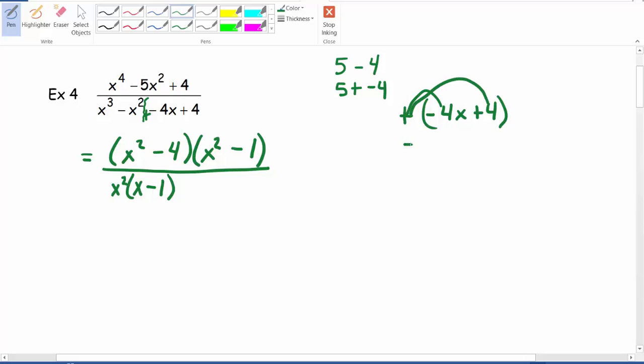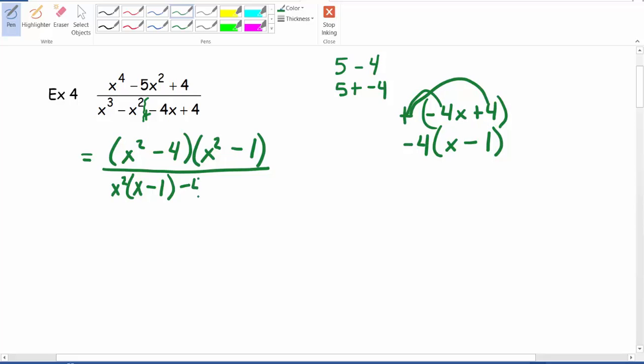So we pull a negative 4 out, we would be left with just regular x. And then if we pull a negative 4 out of positive 4, we'd be left with negative 1. And you could distribute this back to see if it matches our original. So we've pulled out, again, that negative 4 from both terms.